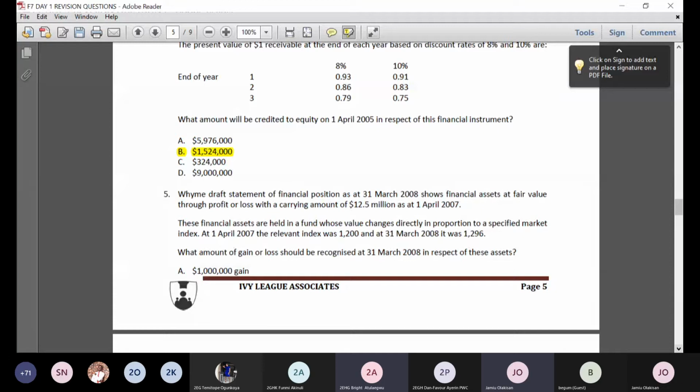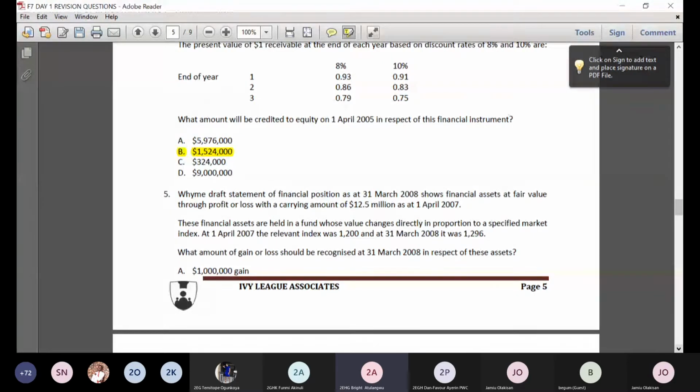WIME draft statement of financial position as at 31st March 2008 shows financial assets at fair value through profit or loss with a carrying amount of $12.5 million as at 1st April 2007. These financial assets are held in a fund whose value changes directly in proportion to a specified market index.